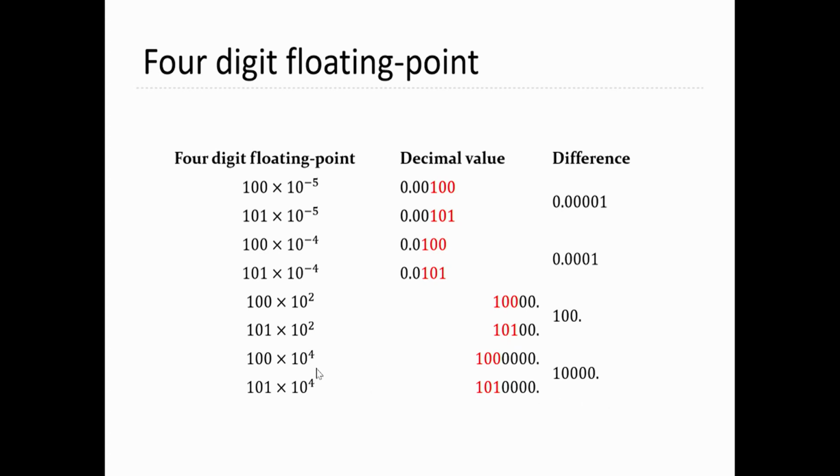When you get to 10 to the 4, you can only write down every 10,000: 1 million, and 1,010,000. So there is a finite number of floating point values, and the spacing between them changes. The spacing changes with the exponent.